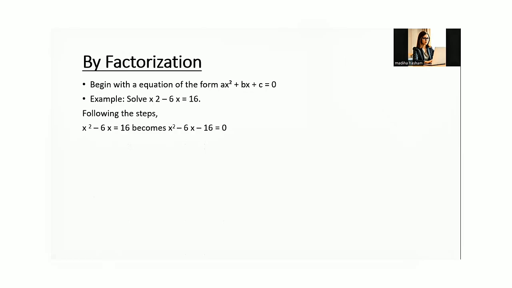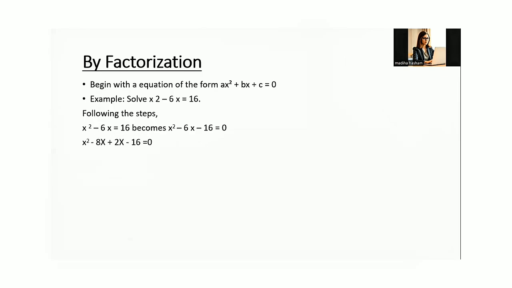First of all, make any type of equation in the standard form of a quadratic equation. As it is x square minus 6x is equal to 16, but in the standard form, the constant is on the same side of the equation. So take this 16 to the left hand side of the equation, and it becomes minus 16. x square minus 6x minus 16 is equal to 0.